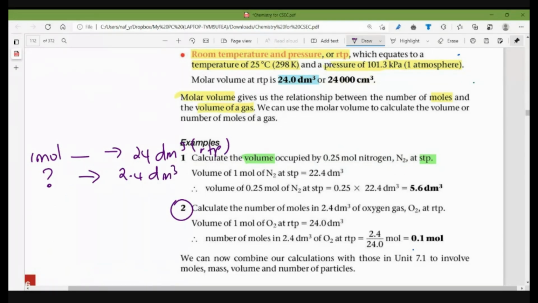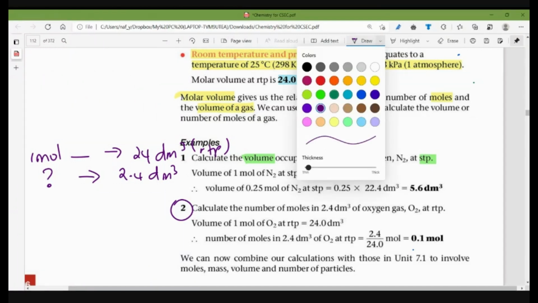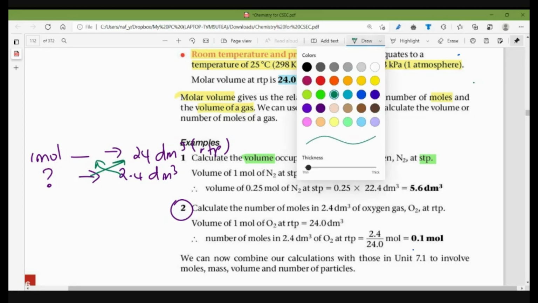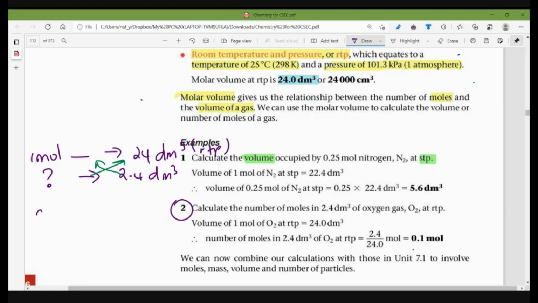So again, you can do it the math way, ladies, by doing your cross multiplication. Nothing is wrong with that. Or you can reason it out. I have 2.4 out of 24 dm cube. What's my moles? And you work it out. 0.1 moles.